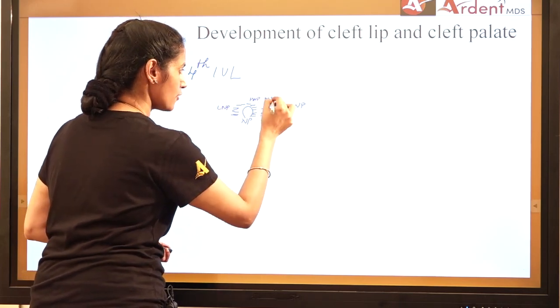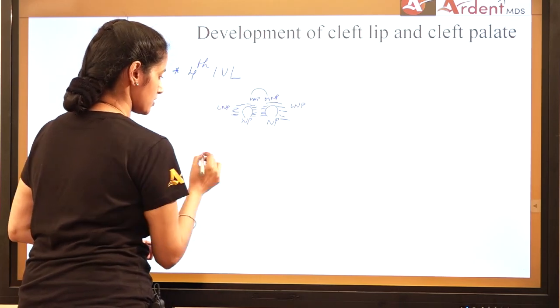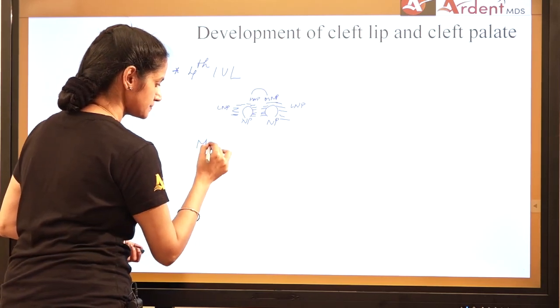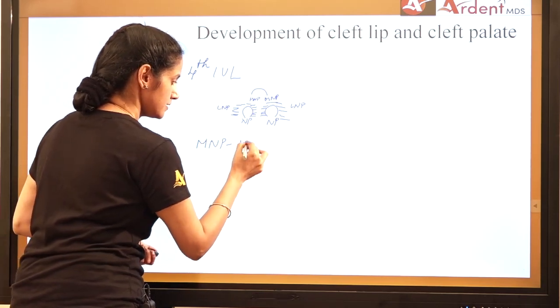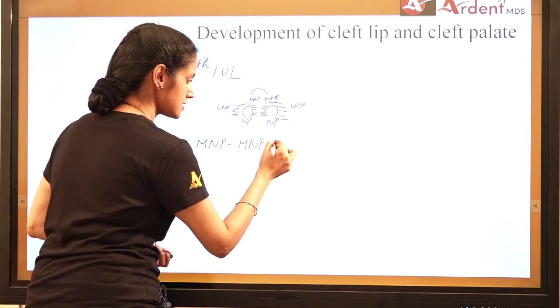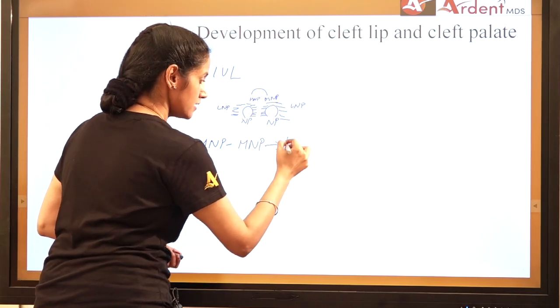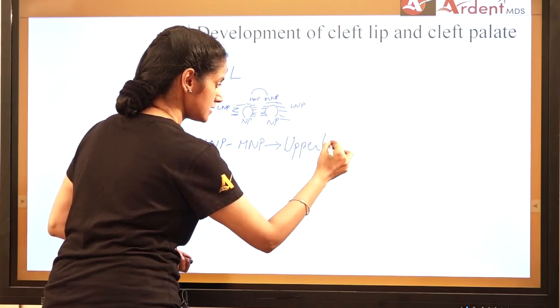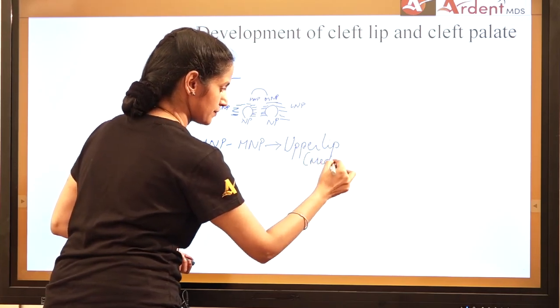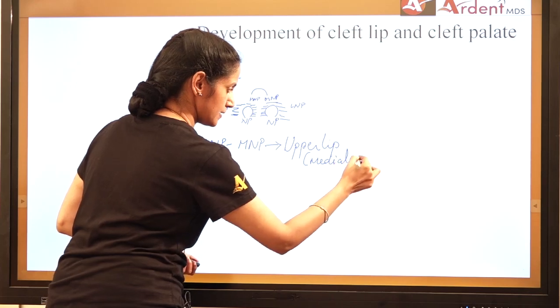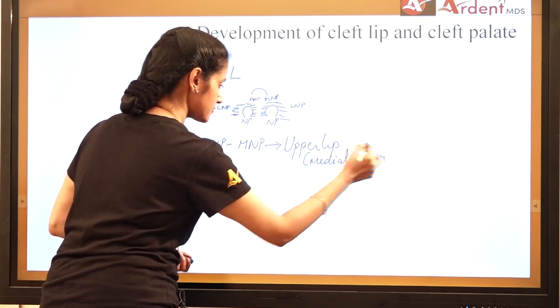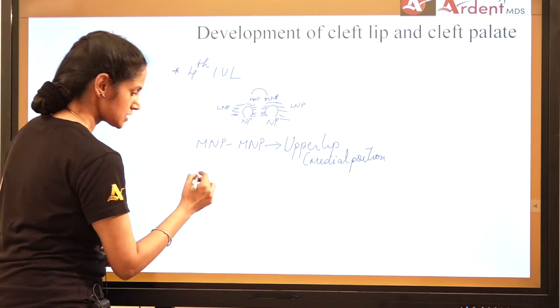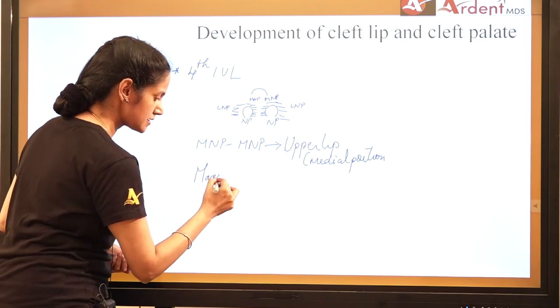So the fusion of the two median nasal processes, right, results in the formation of the upper lip, its medial portion, and the lateral portion of the upper lip is formed by the maxillary process.